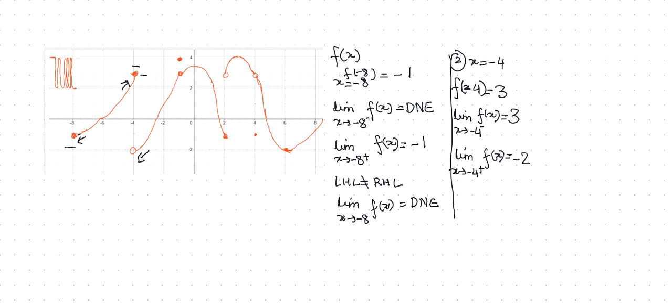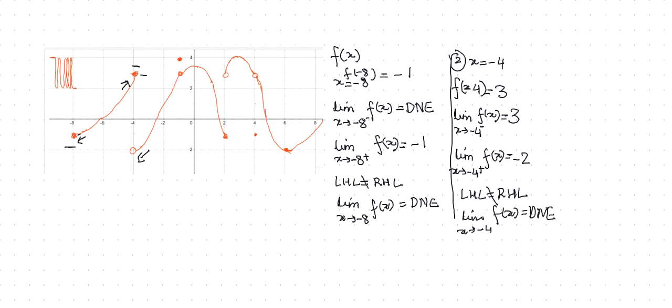So the left-hand limit is not equal to the right-hand limit, and so the limit at -4 of f(x) does not exist.